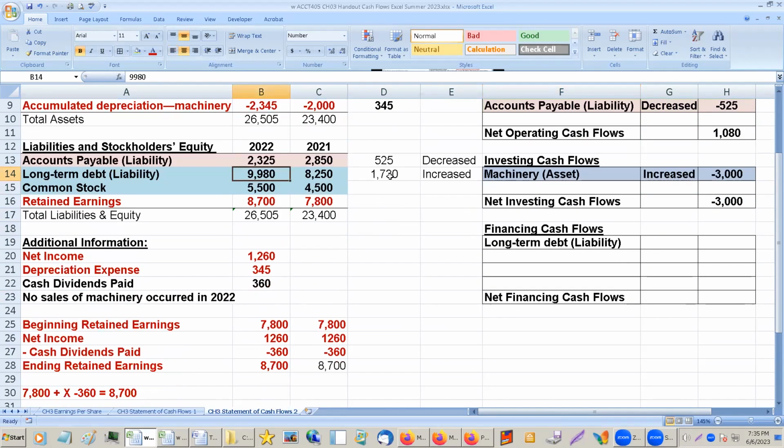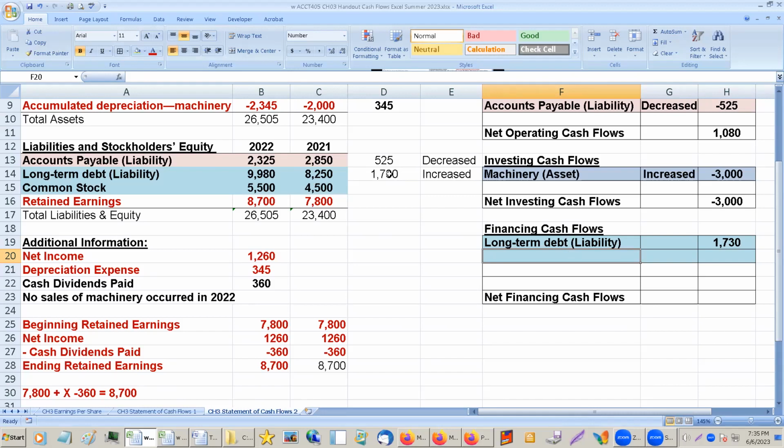So we borrowed some more money. We borrowed $1,730 more. So it increased. And again, when those things increase, the cash goes up. Now, eventually you're going to pay it off, and your cash will go down when you pay it off. But initially, it'll go up.